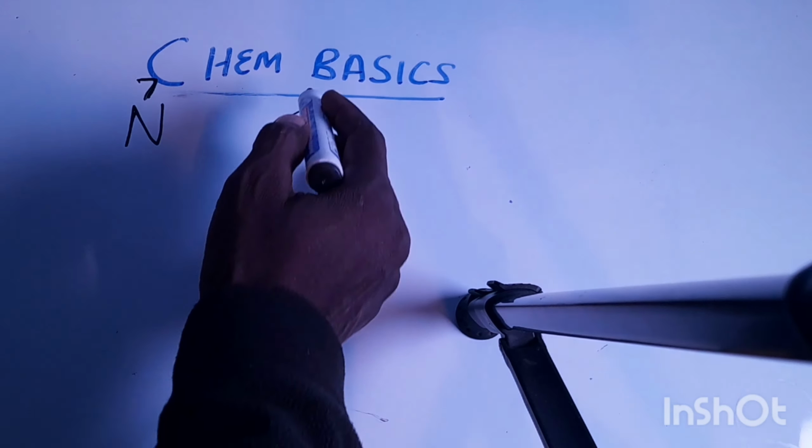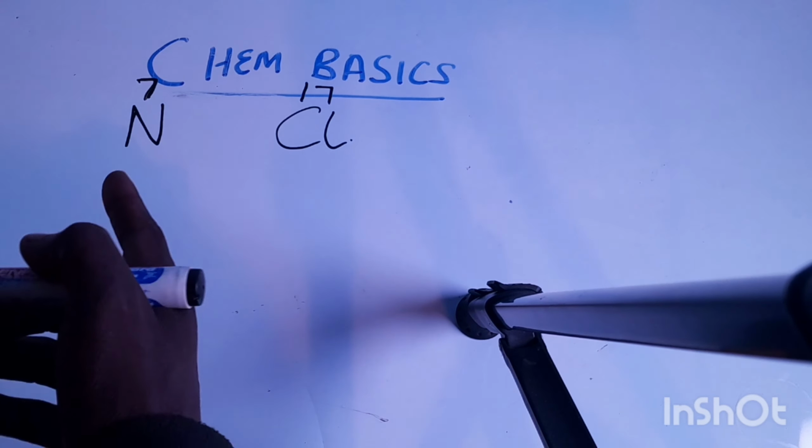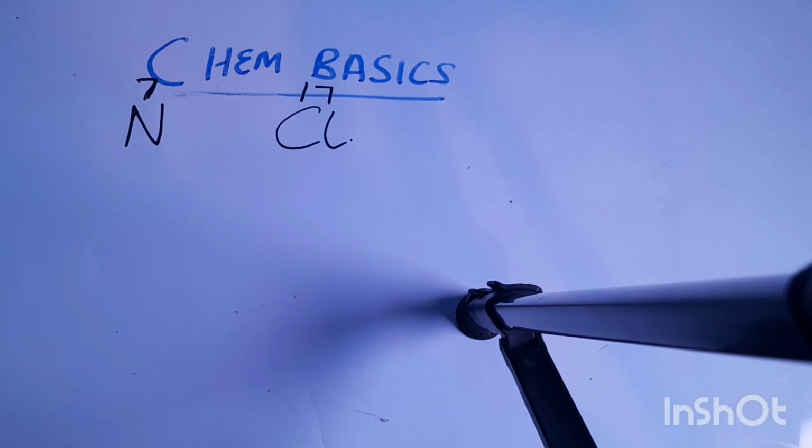And chlorine has 17. Let me first show you what I'm trying to show you, and then you can have a look yourself and see what's really going on with these elements on the periodic table.